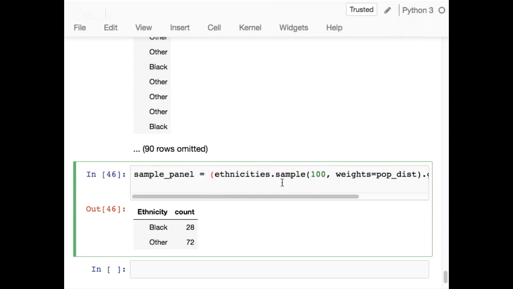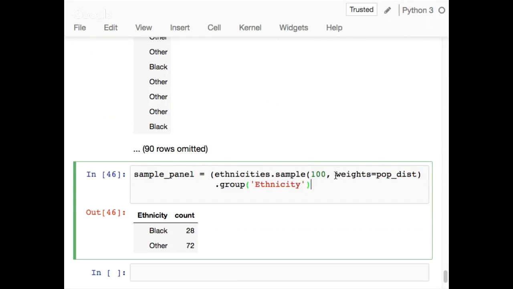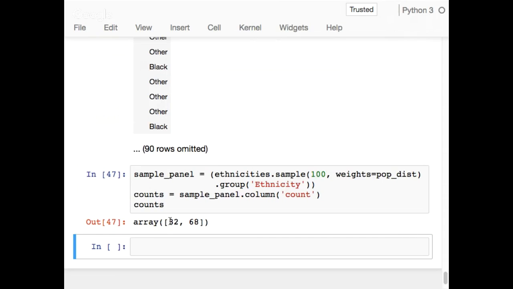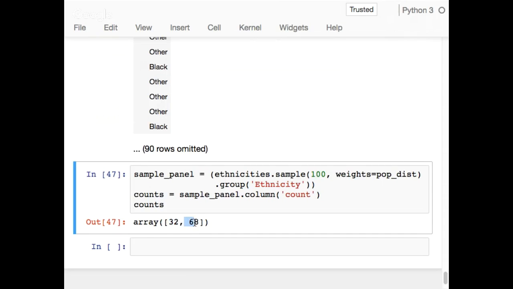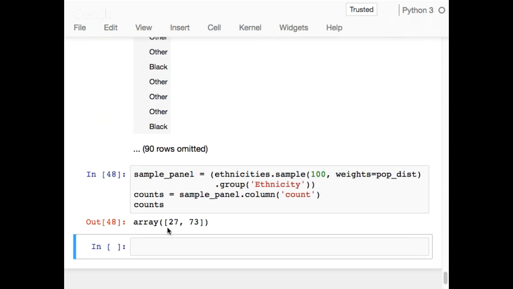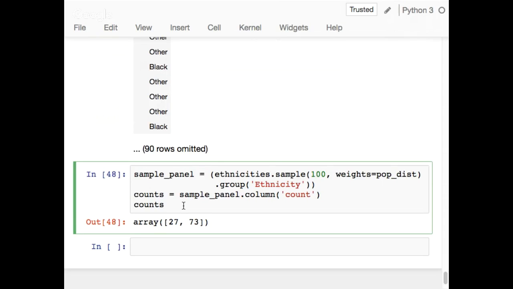Let me put parentheses around this so it's easier to read. Sample panel. Here are my counts, column count. In this panel, I got 32 blacks, 68 others. So I run it again, 27 blacks, 73 others. Okay, so what I'm going to do now is calculate proportions from that.